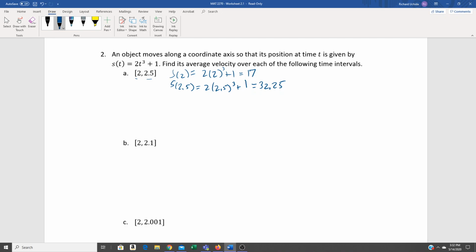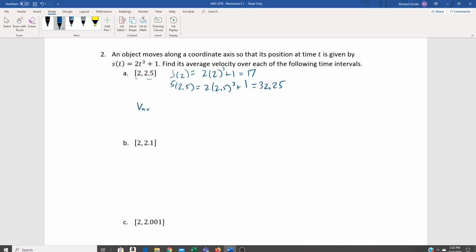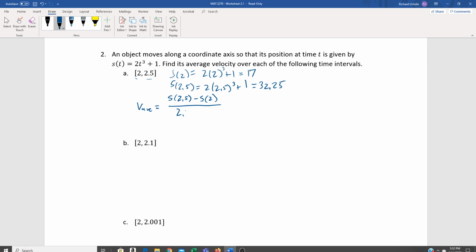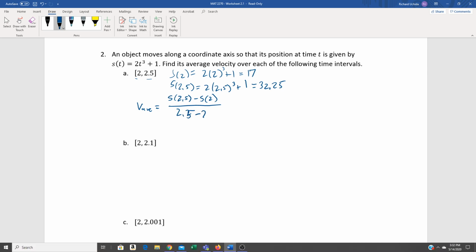The average velocity is just like finding the slope of the secant line, using these two values to plug into the function. So the average velocity would equal the value of the position function at 2.5 minus the value of the position function at 2, all over 2.5 minus 2.